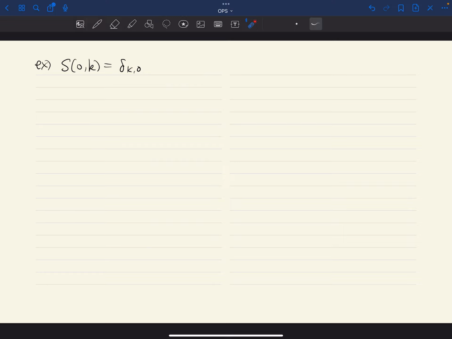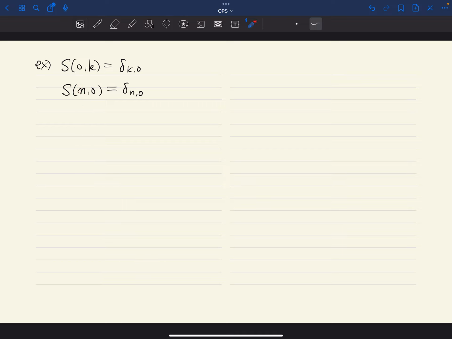Because there's only one set partition of the empty set, which is the empty set. And also, what is S of n comma 0? This must also be 0 if n is non-zero, since there is no set partition with no blocks, right?